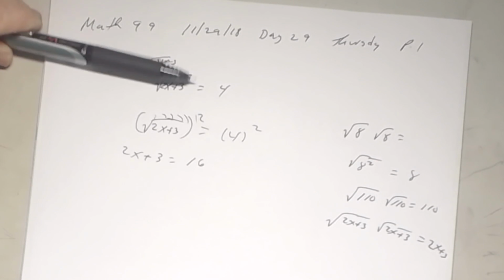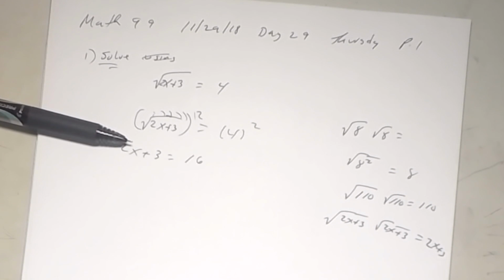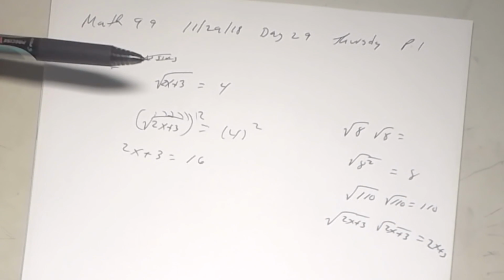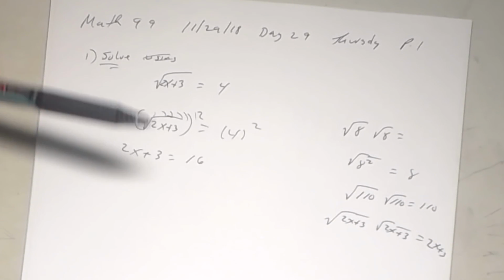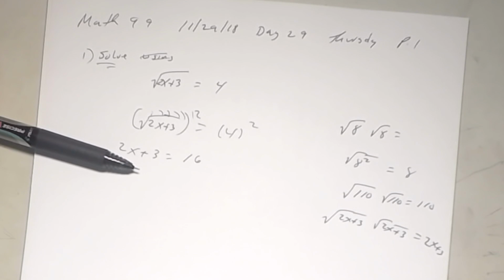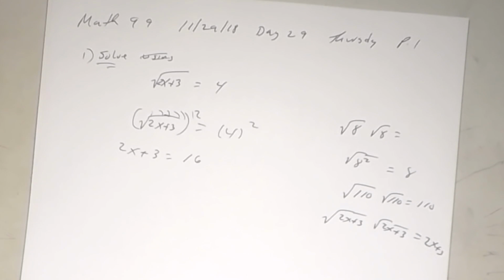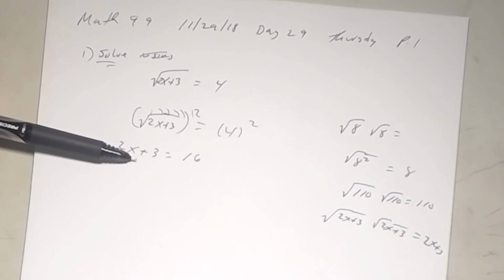Notice I went from a radical equation to what kind of equation? Linear. In the video, there were situations where you went from a radical to what kind of equation? Quadratic. And then you had two solutions, and one of them was probably extraneous, and you saw what to do there. The one on your final, though, goes from a radical to a linear.